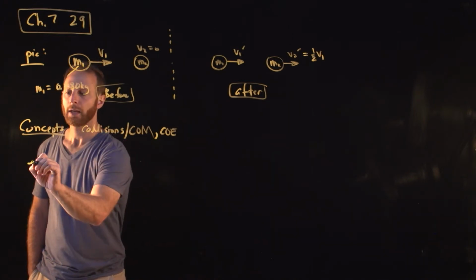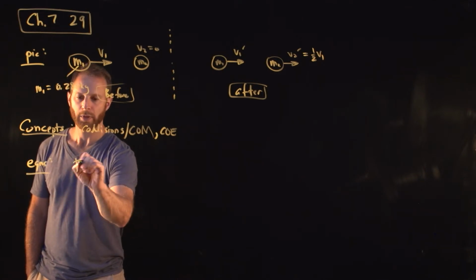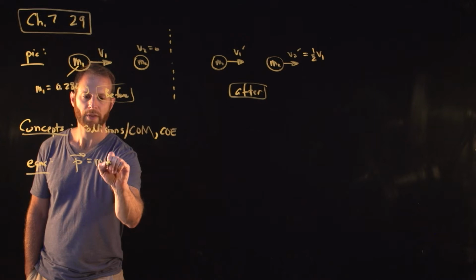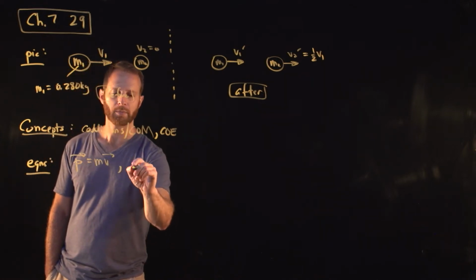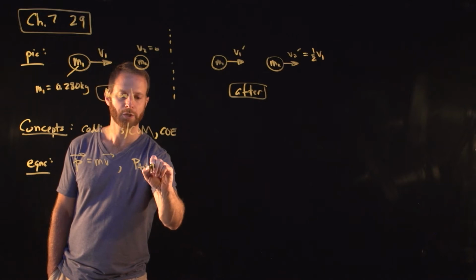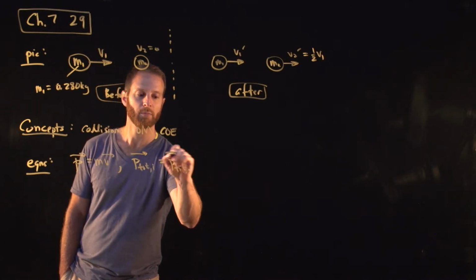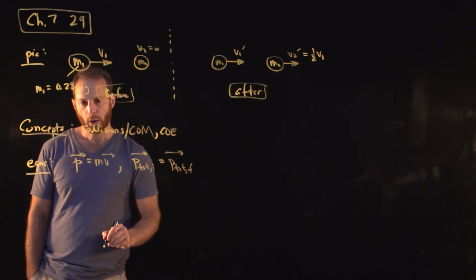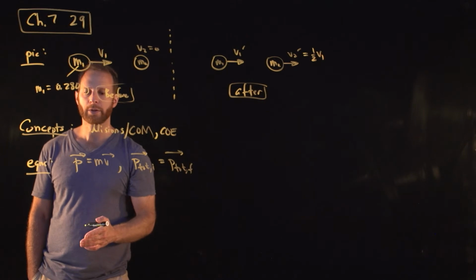In fact, let's go ahead and write down the equations we need. For conservation of momentum, we have the definition for momentum, m times v, the vector. Conservation of momentum simply tells us that the total initial momentum is equal to the total final momentum. We'll have energy to deal with. The only kind of energy we have to worry about here is kinetic.